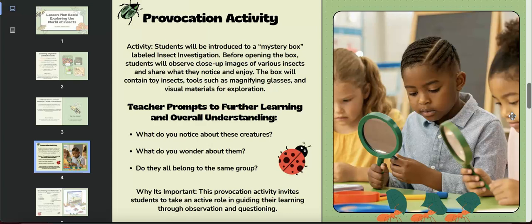The box will contain toy insects, tools such as magnifying glasses, and other exploration materials. So they're able to work in small groups and begin to identify these insects, what makes them unique, what they like about them, with limited but helpful prompting from the teacher.